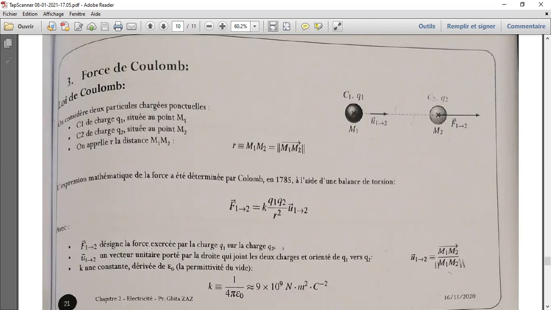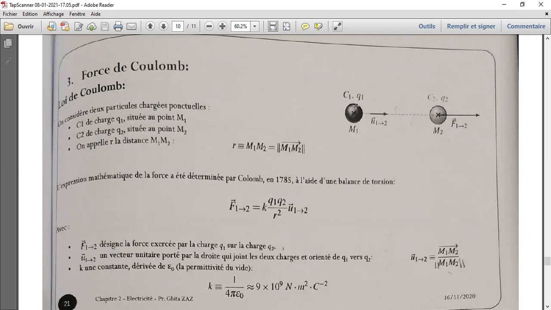So the force exerted by the charge Q1 on the charge Q2 is a force caused by the charge Q1, here the particle C1, on the charge Q2.